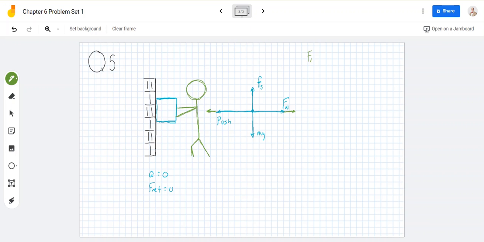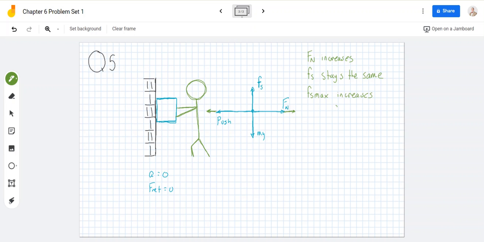So we would see that the normal force increases. The static frictional force stays the same, but the Fs max increases.